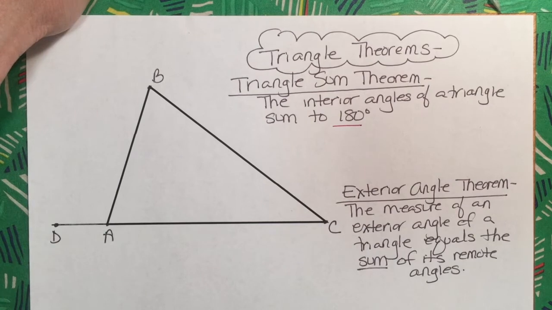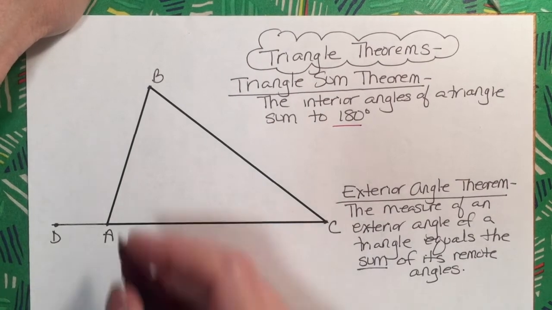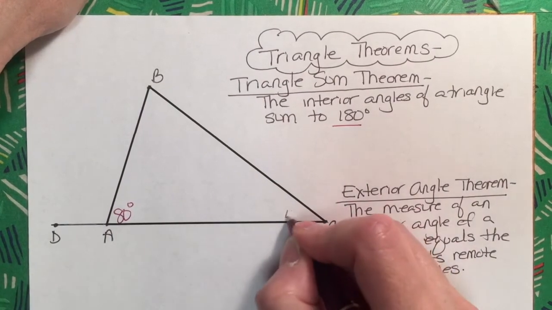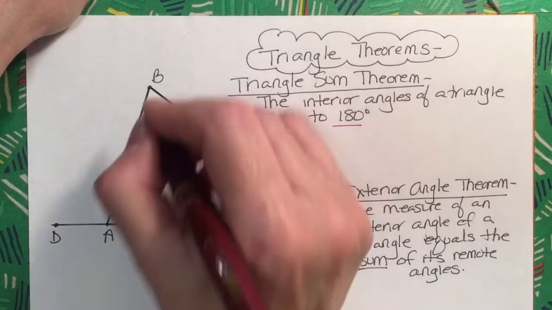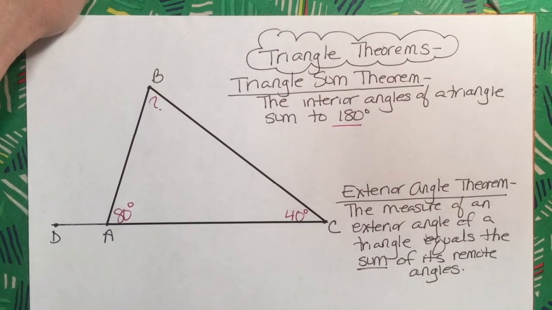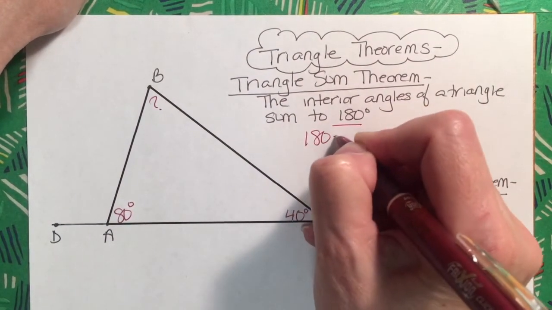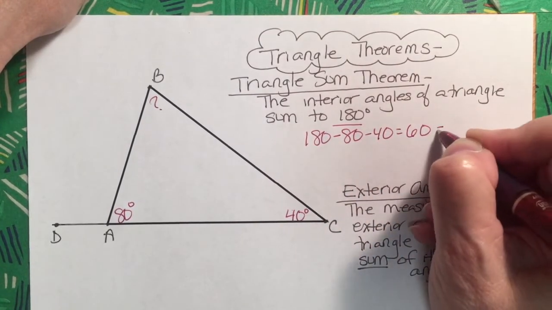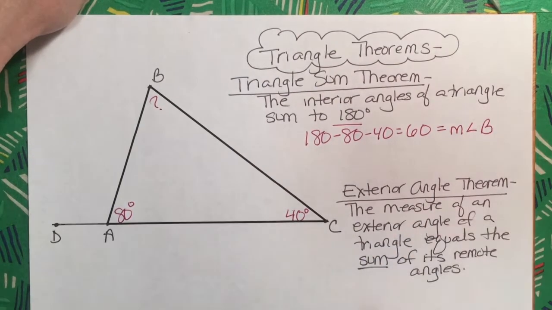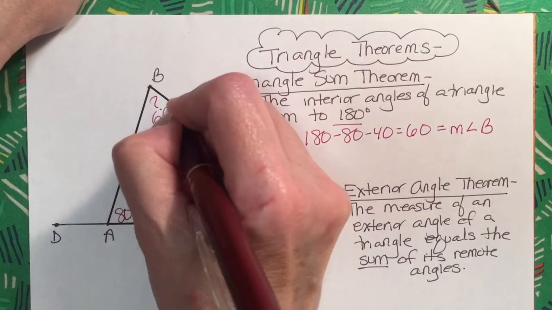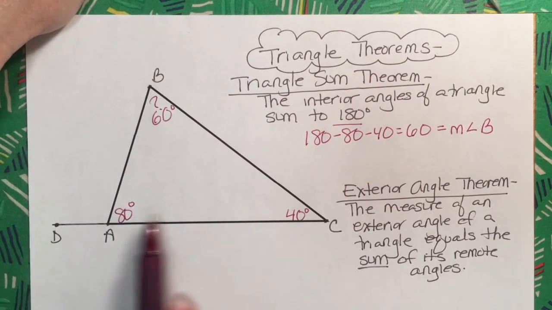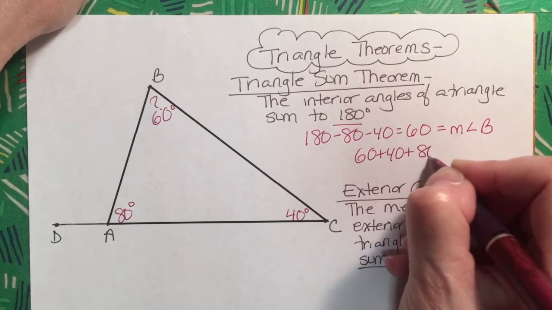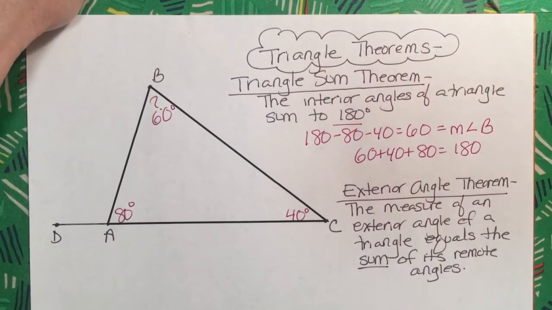So if we know, for example, that angle A is 80 degrees, and we know the measure of angle C is 40 degrees, and we don't know what angle B is, well, 180 minus 80 minus 40 is going to give us 60, which is the measure of angle B, okay? Because 60 plus 40 plus 80 equals 180, okay? They always have to add up to 180.